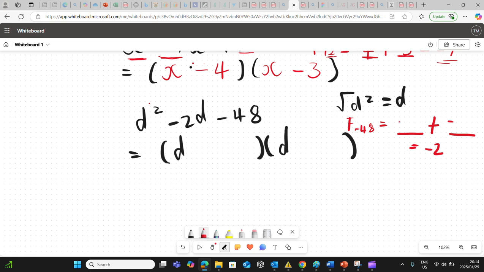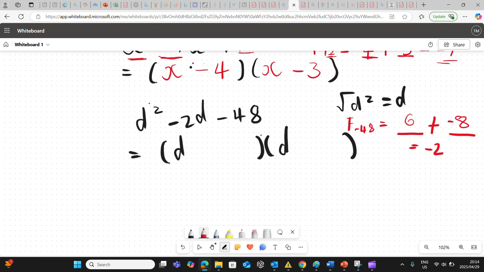I could think there could be a 4 and a 12, positive 4, negative 12. Still, these do not give me a negative 2, so those are not the ones I'm looking for. So let's look at 6 and a negative 8.